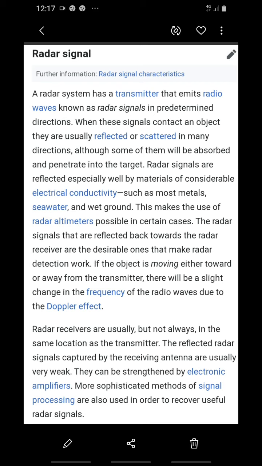Radar receivers are usually, but not always, in the same location as the transmitter. The reflected radar signals captured by the receiving antenna are usually very weak.